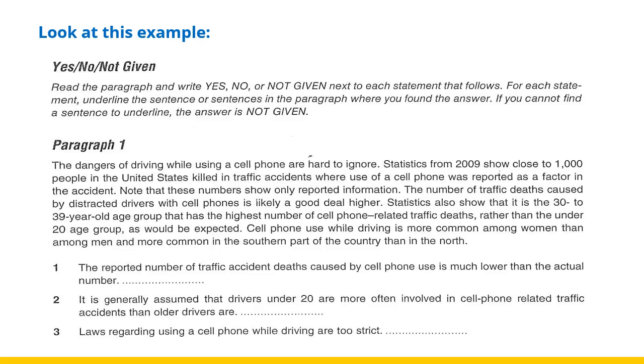So when you're writing down your answers, make sure you write no, yes, or not given, because if you write down false, even though it's no, it's going to be a mistake. I don't know why they make it so difficult, but that's how it is. So if you have yes, no, not given, make sure you write down yes, no, not given, okay? And so our statement 1 is going to be no. So that will be our answer.